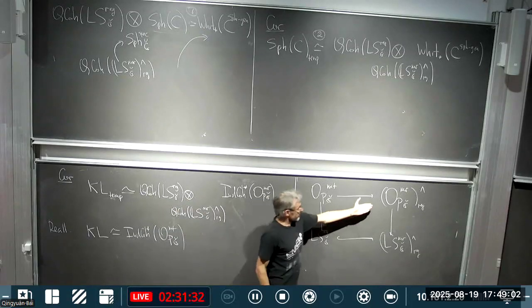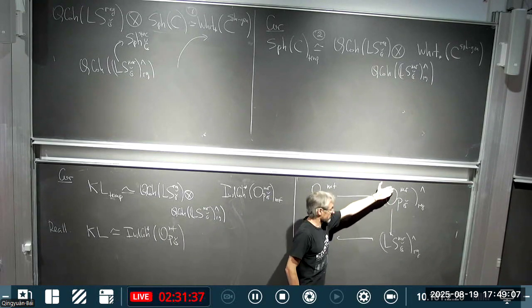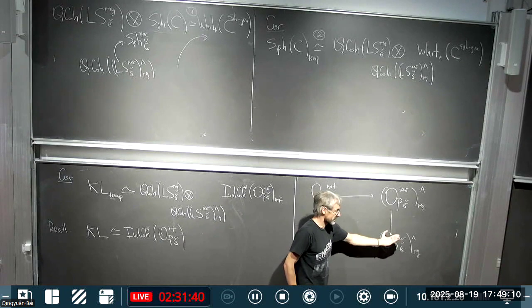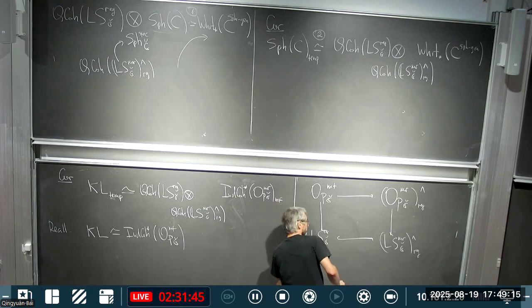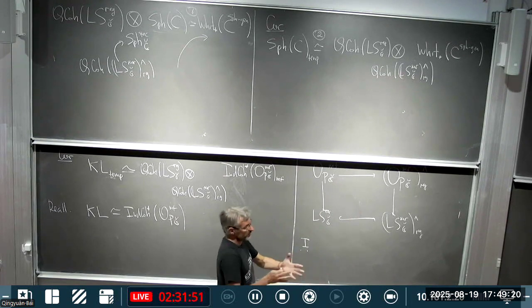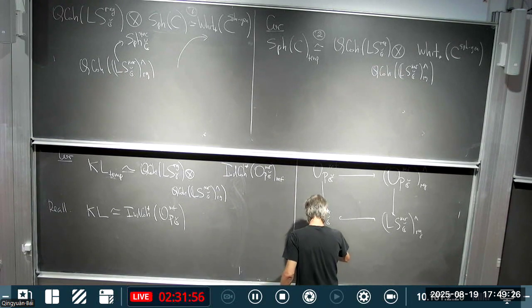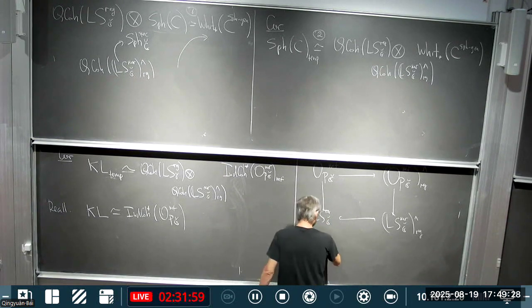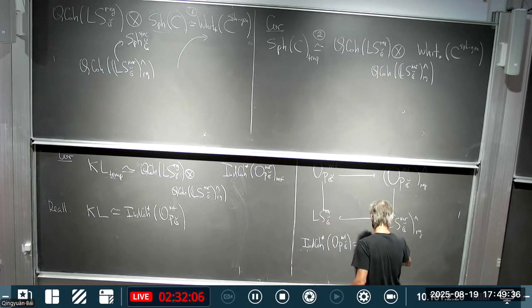So just from this picture, you see that Ind-Coh star of this, but it's just a map of stacks, lives over, it's acted on by the QuasiCoh of this guy. Just from this picture, you obtain the following. You have to slightly justify because Ind-Coh star, what QuasiCoh, so we have to justify it with the tensor product, but it all works out. Basically, according to what Dima explained, the Ind-Coh star of monodromy-free is really the tensor product QuasiCoh of Loc_G reg.